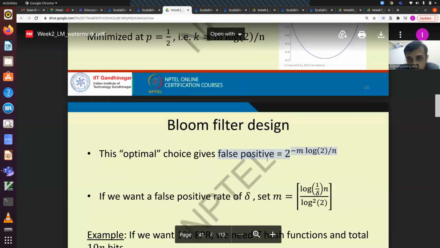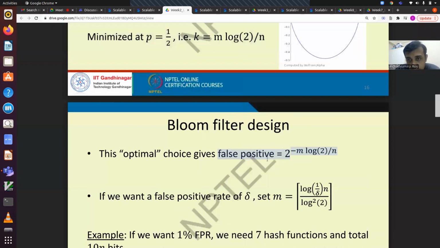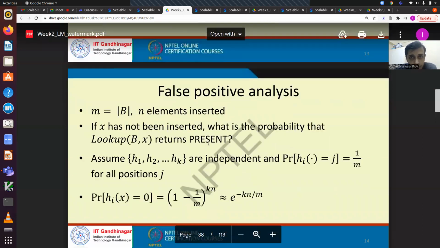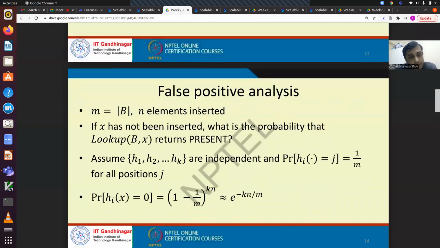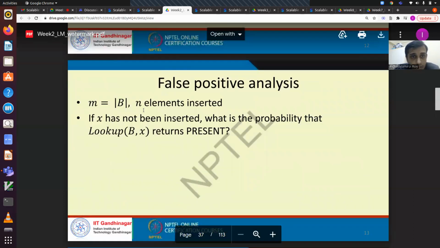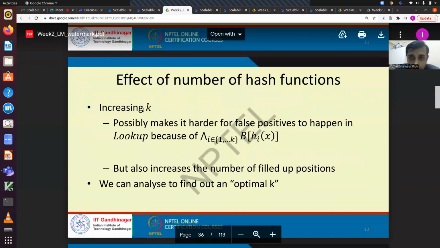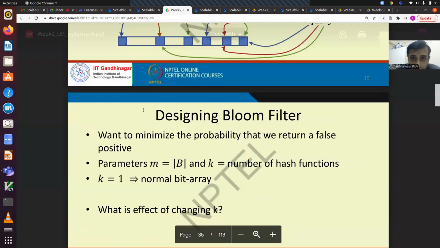Sorry. Is n the value of the bit vector? That's what I'm confused about. Let me just see. I thought it was the number of elements that are being inserted. Okay, so n is the number of elements that are being inserted. Yes. Let me check the length of the bit vector.